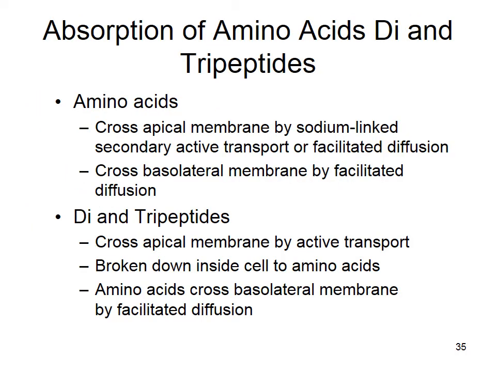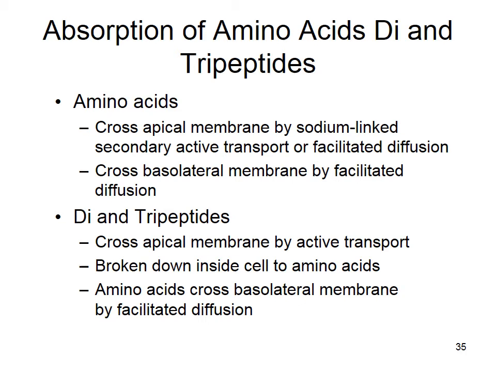Okay, amino acids cross the apical membrane via secondary active transport that is sodium linked, so very similar to how glucose gets absorbed across the apical membrane, or by facilitated diffusion, depending on what amino acid it is.